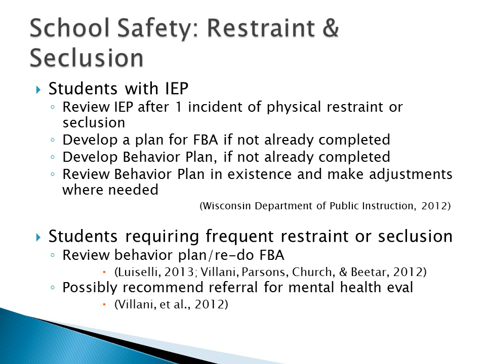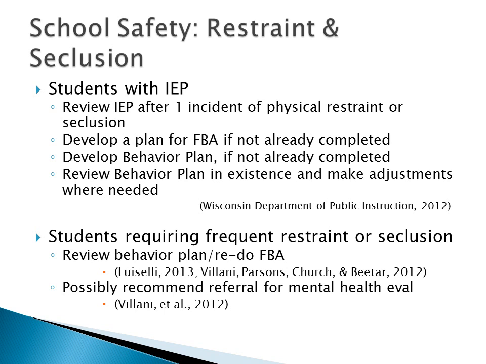When students with an IEP need to be restrained or secluded, the IEP team must review the incident even after one instance of physical restraint or seclusion. If that child does not already have a completed functional behavior analysis and behavior plan, those need to occur.